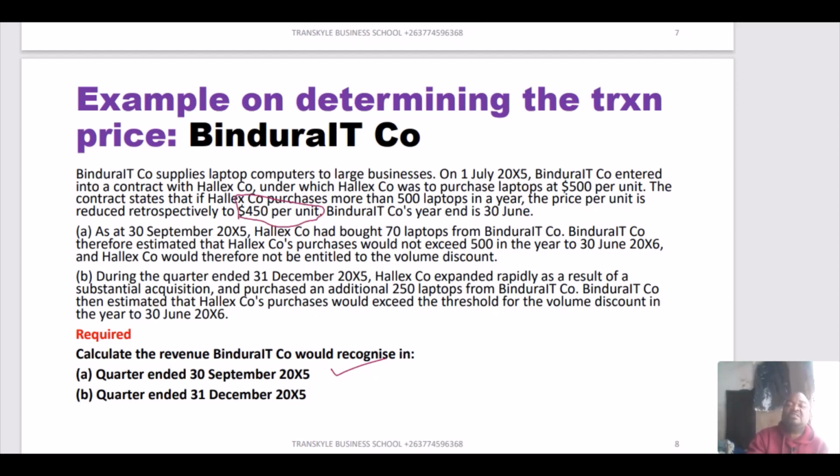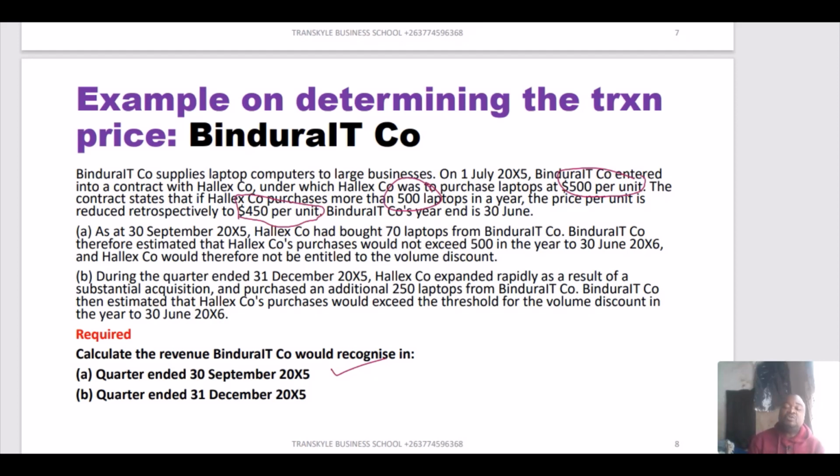Remember the unit price of a laptop is $500. However, if they meet a certain threshold, for example if they purchase more than 500 laptops in a year, then we can give them a discounted price.